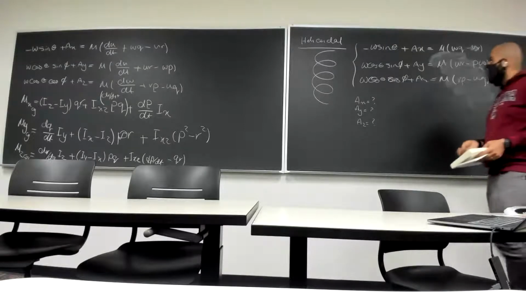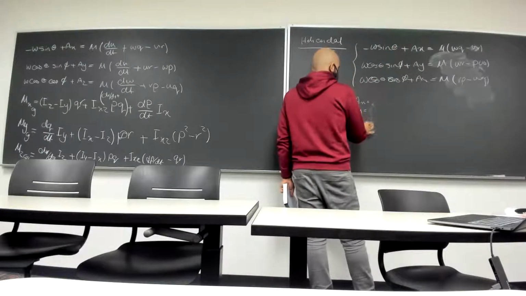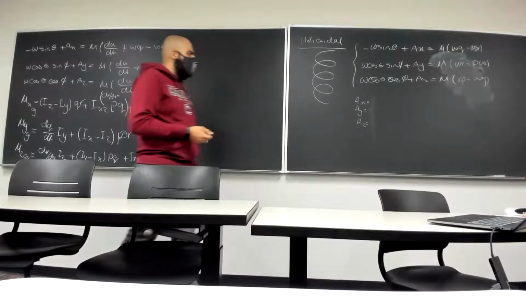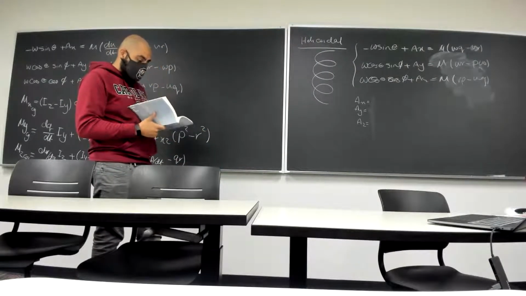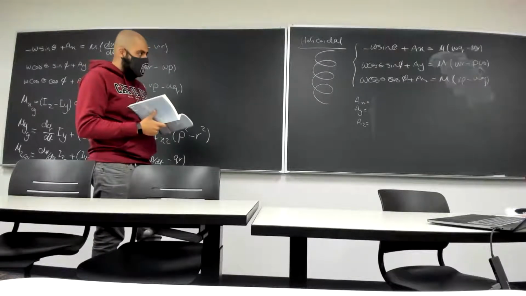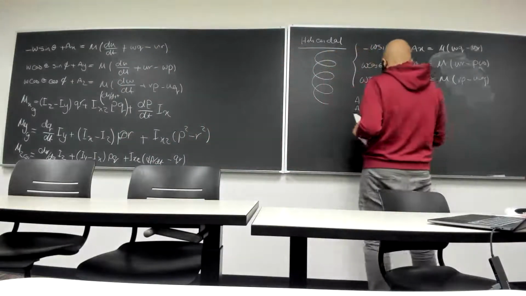Okay, so let's see which of these are present in each direction. What do you think we are going to see in the X direction for aerodynamic forces? Drag and thrust. Exactly.